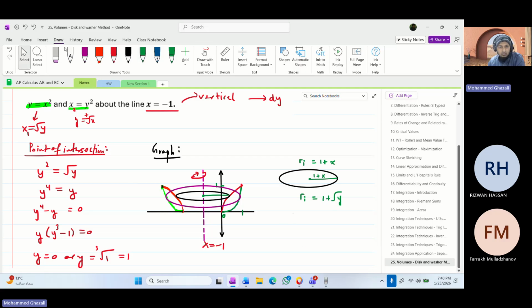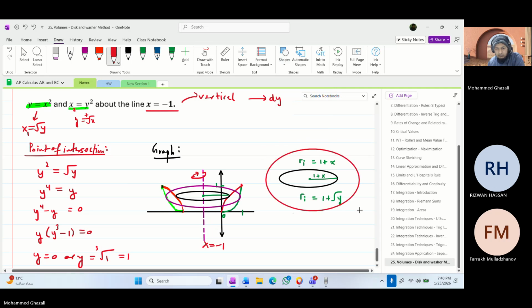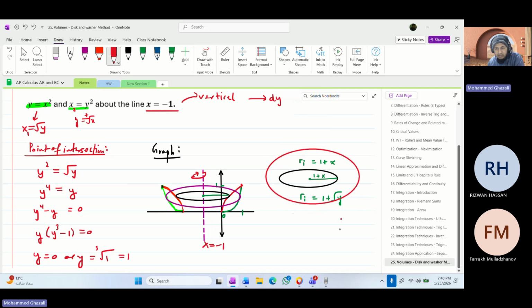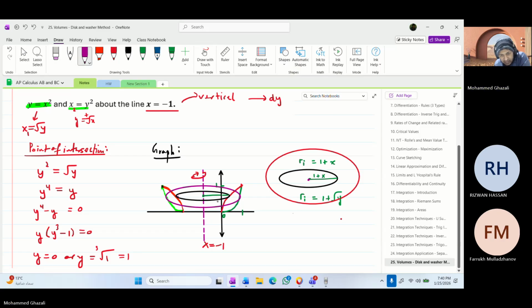Let's look at the outer radius now. I'll go from the same point, to the other side. The distance from here to there is 1. Carry on with the same concept. So there's 1 plus x, that further x.